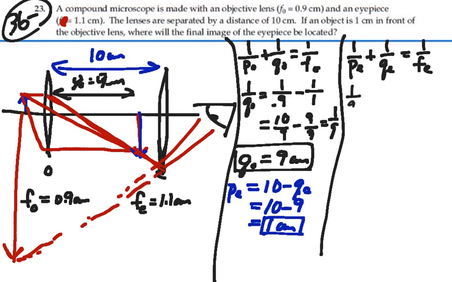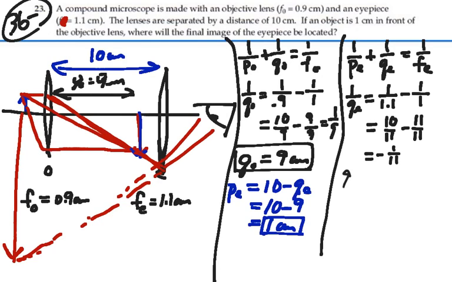1 over the image distance will equal 1 over the focal length, which is 1.1, minus 1 over the object distance, which is 1. This is going to give us 10 elevenths minus 11 elevenths, or a negative 1 eleventh. So q for the eyepiece is going to equal a negative 11 centimeters.